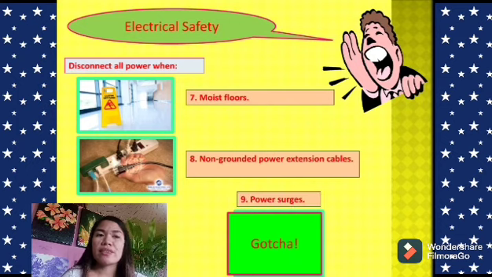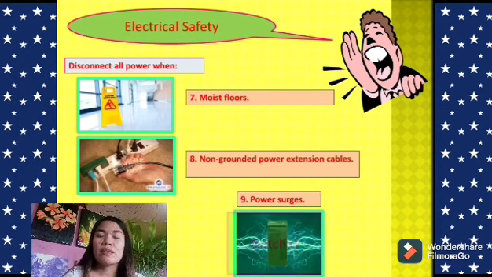Okay, next, power surges. Power surges occur when the flow of electricity is interrupted and started again. This may cause short circuits or fire when equipment is plugged in. So one must be alert when power surges occur.